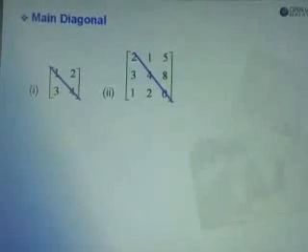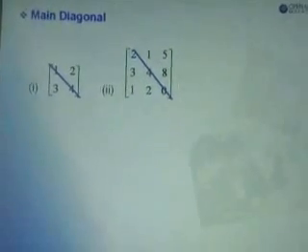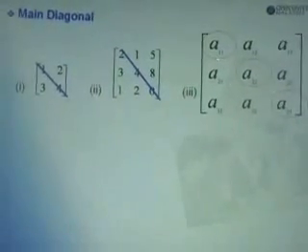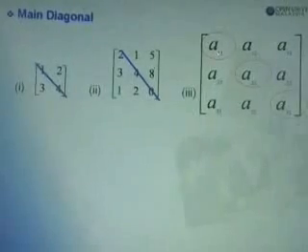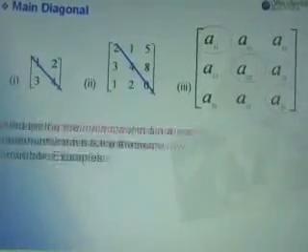For a 3 by 3 matrix, the elements on the main diagonal consist of 2, 4 and 0. So in other words, in a 3 by 3 matrix or any square matrix, the main diagonal has elements with the same row and column number. For example, A11, A22 and A33.